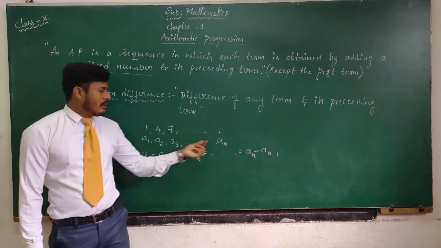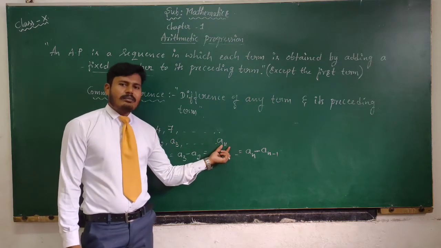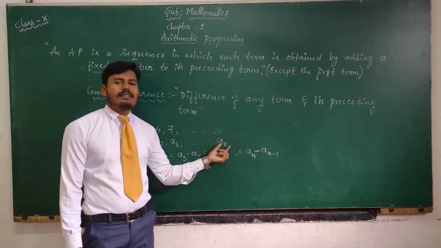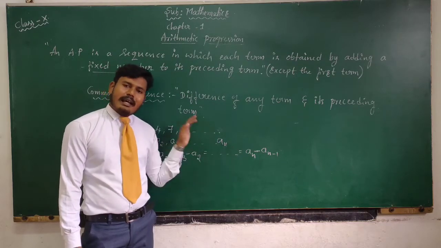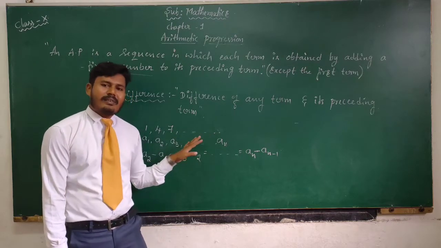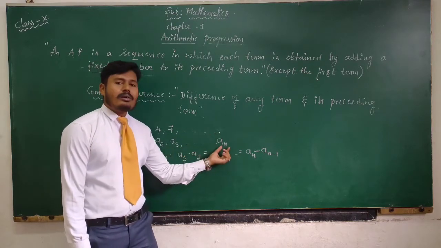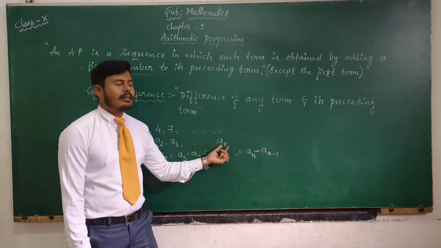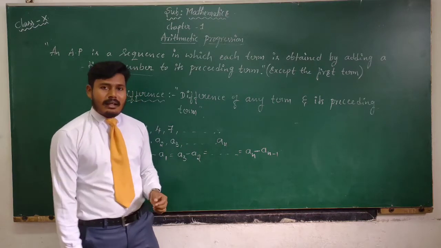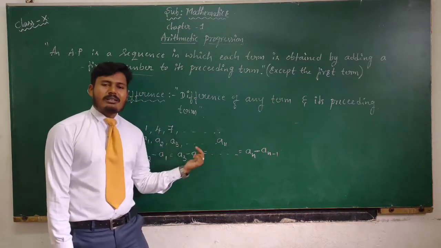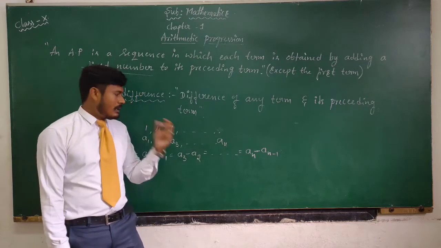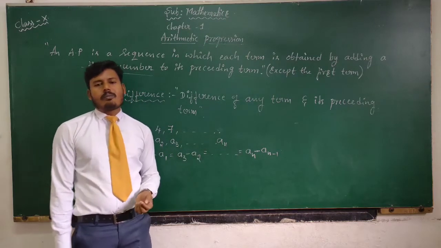Here we don't know the exact position of this term, but it is there in that list of numbers. That's why we call it an, because it is also a term belonging to the given AP, but we don't know the position.